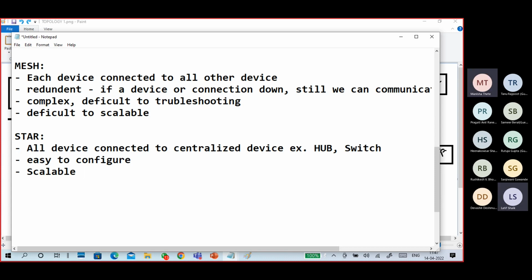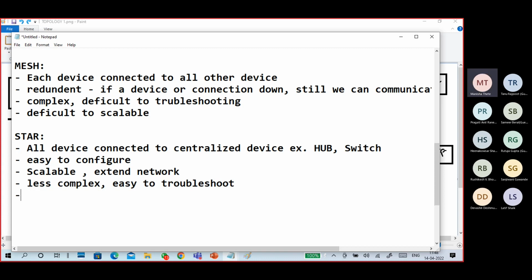You can extend the network. Less complex. We don't need an algorithm. No redundancy. Easy to troubleshoot. No need of algorithm.